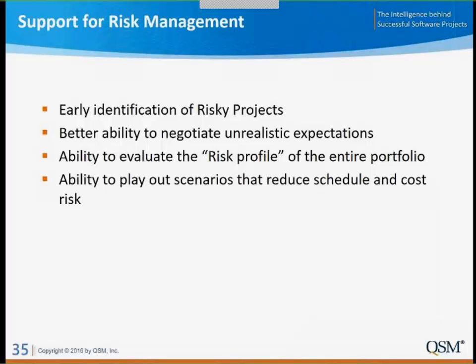We can use that as a forum to look at alternatives so that we get a more realistic expectation right off the get-go. We can evaluate the risk profile of the portfolio using those quadrant charts and the bubble diagrams. And we can play out alternative scenarios, which will reduce risk and potentially give us a better cost or schedule scenario.